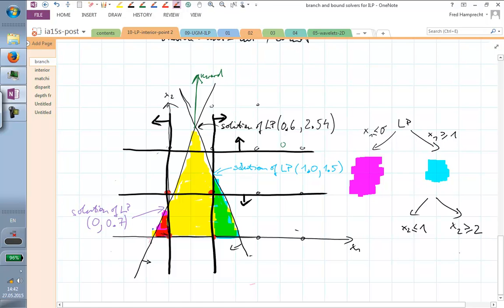And well, if I intersect the new constraint with the turquoise region, I get out the empty set. I have no feasible solution at all.